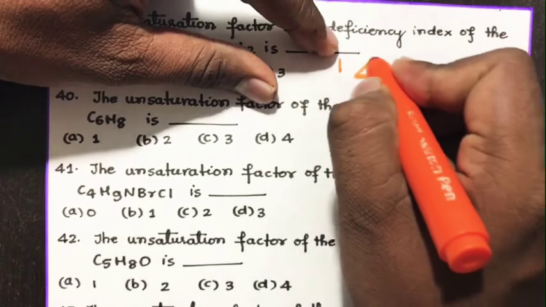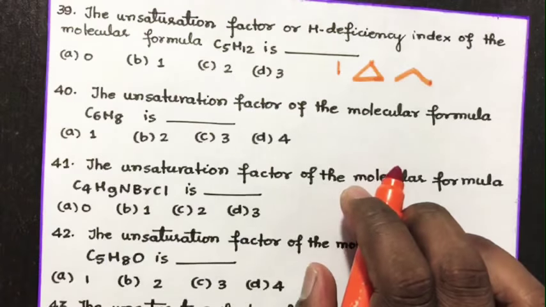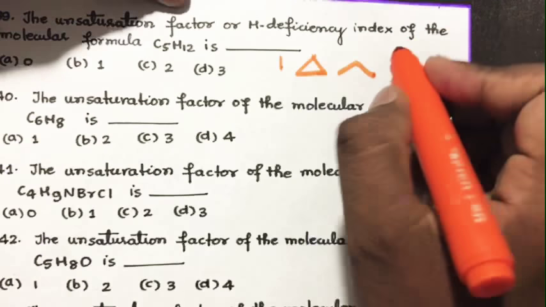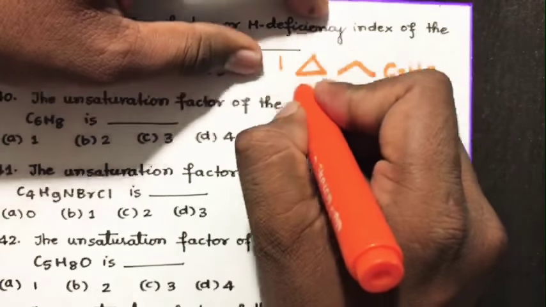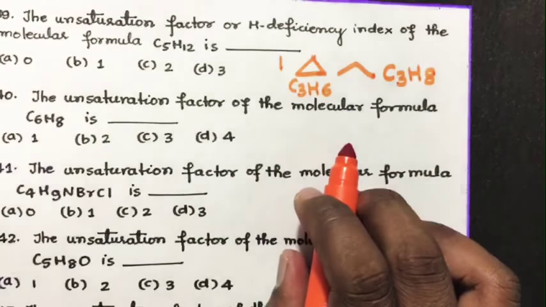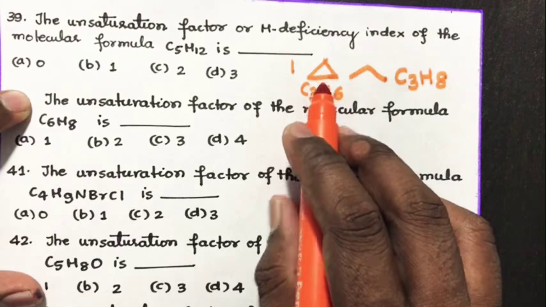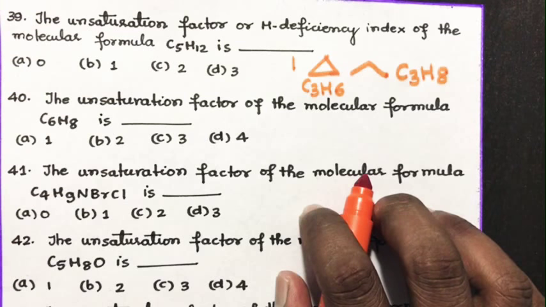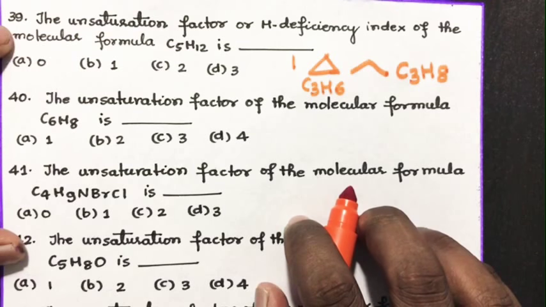So let's see here, this is the cyclopropane and this is the acyclic propane, and in this case the molecular formula will be C3H8 and in this case it will be C3H6. So both of them have the deficiency of 2 hydrogen atoms. So the degree of unsaturation for cyclopropane will be 1 degree of unsaturation or HDI. Now coming to question number 39.